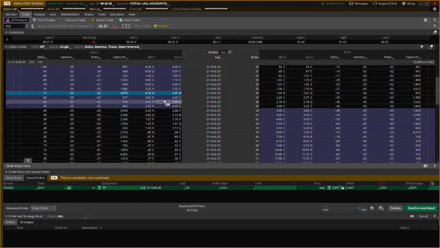Okay, because if this moves up in my direction, this option here gets deeper in the money, right? That means these strikes, if we move three strikes into the money on this, I'm going to be at a 85 delta on that.